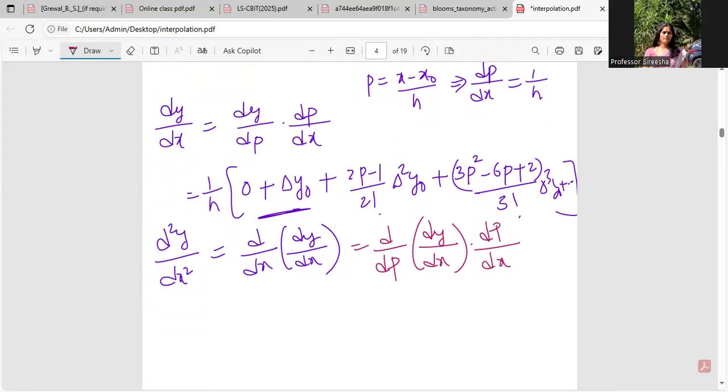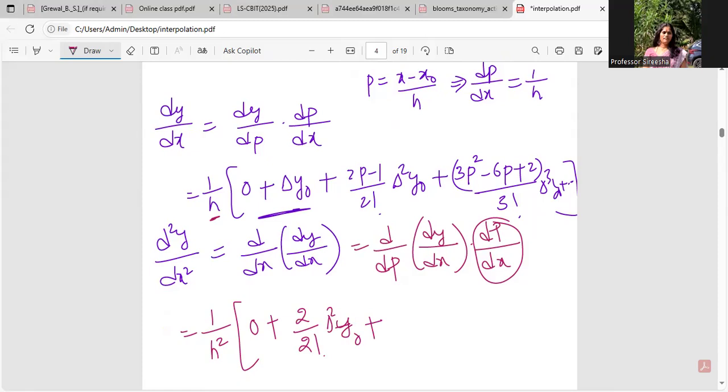So already I have a 1 by h. So dp by dx for the second time would contribute one more 1 by h, so I'll be having 1 by h squared. Now again the derivative of this delta y naught is 0. Now 2p minus 1 would give me 2 by 2 factorial delta squared y naught, plus this would give me (6p minus 6) by 3 factorial delta cube y naught, and so on.